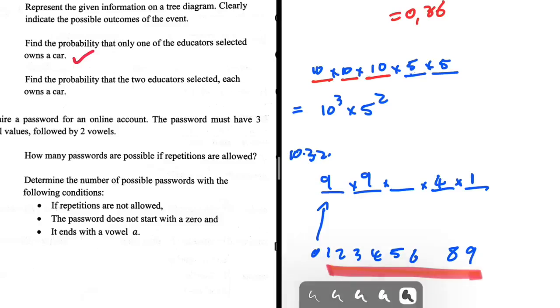So we have 9 multiplied by 9. And then ultimately multiply by 8 at the end, because any digit of the ones that are left can occupy that third spot. So there we go. You put that in your calculator and you get some answer. Those are the number of possible passwords with the given conditions. Here we go.